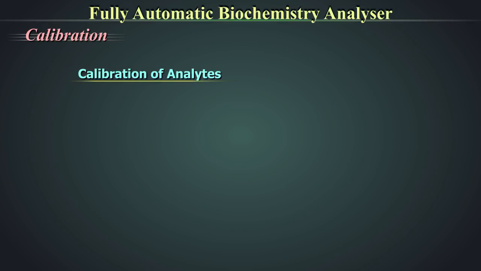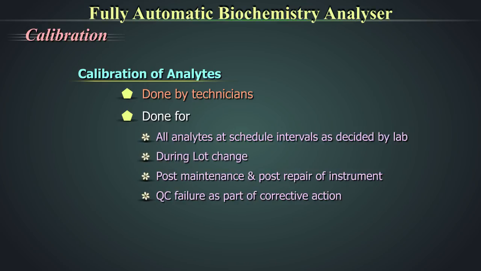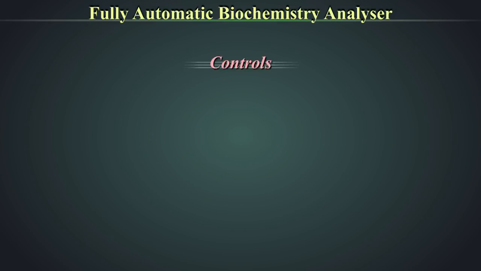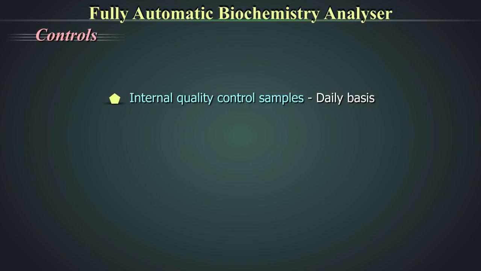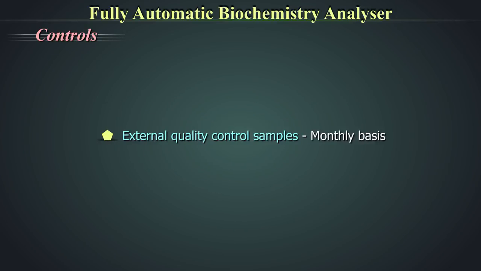Calibration of analytes is done by technicians for all analytes at scheduled intervals, during lot change, and post-maintenance or repair of instruments. Controls. Internal quality control samples are run on a daily basis before patient samples and following preventive maintenance or repair of the machine. External quality control samples are run usually on a monthly basis.